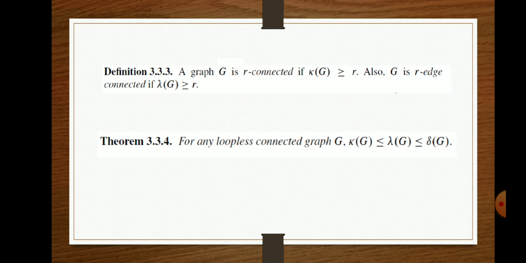Next definition: a graph G is r-connected if kappa of G is greater than or equal to r. Also G is r-edge connected if lambda of G is greater than or equal to r. This is a very important theorem.